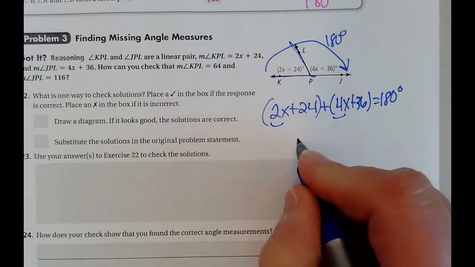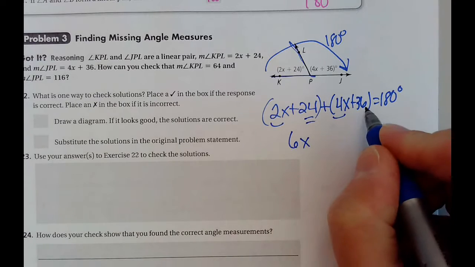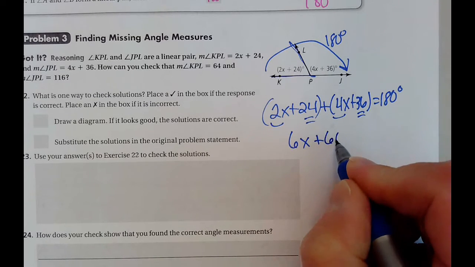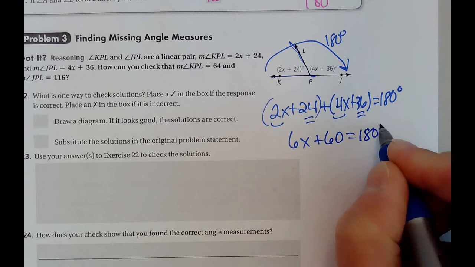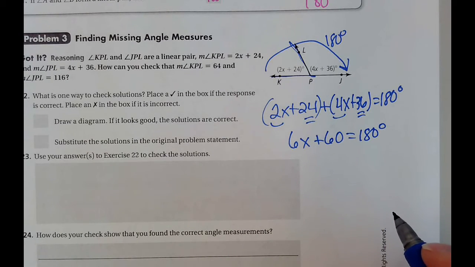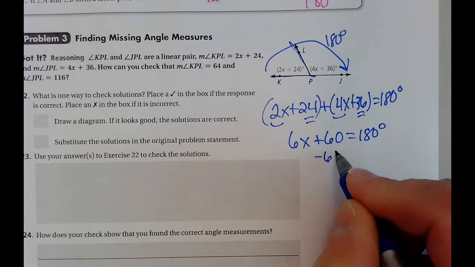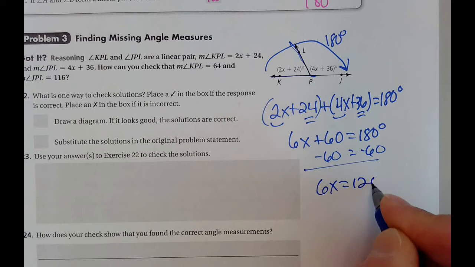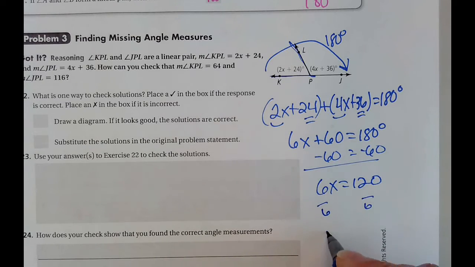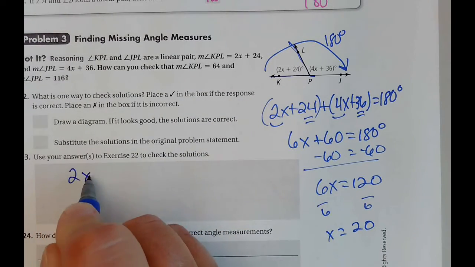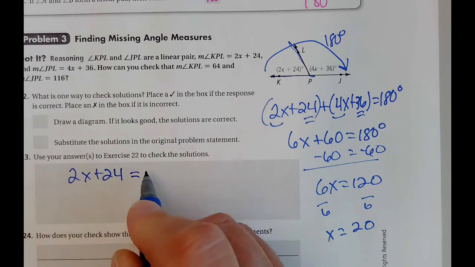And so 2x and 4x is 6x. 24 and 36 is 60, equals 180 degrees. We're going to subtract 60, and we get 6x is 120. Divide by 6, x is 20. Let's substitute. We got 2 times x, x is 20.